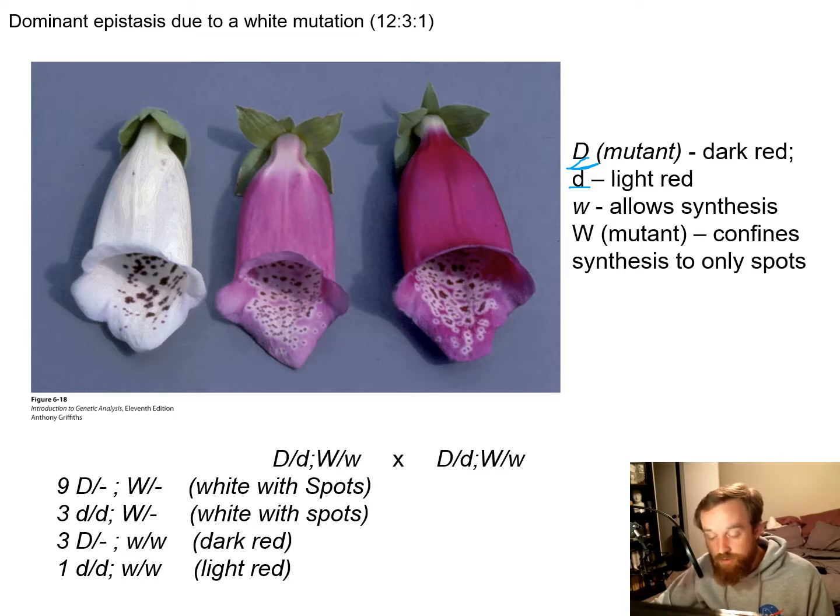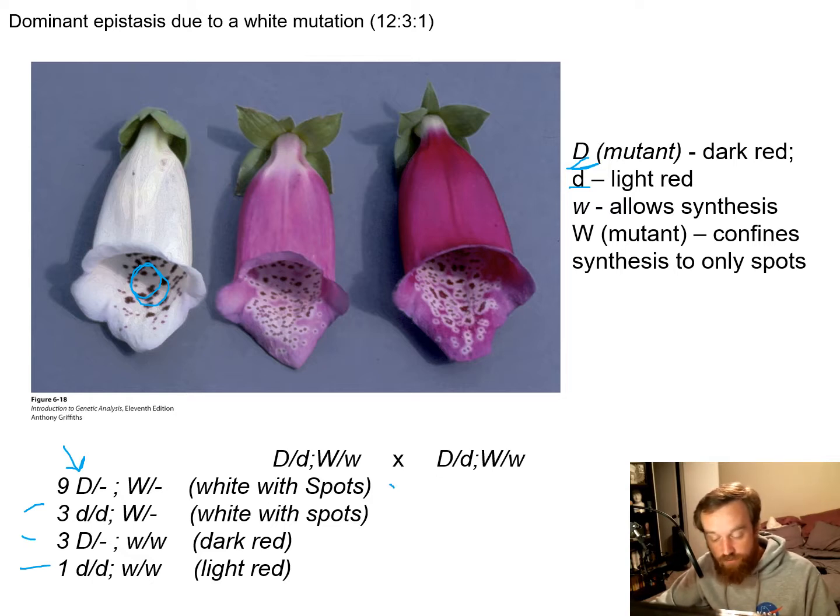And W, the wild type W, allows the synthesis of this red pigment. And the mutant confines the synthesis only to these little spots that you see here. So if we do this dihybrid cross of heterozygotes, we end up with this 9:3:3:1 ratio that we saw before. And so our 9, the normal dominant allele, is where we have the dominant mutant D produces dark red individuals, but the W mutant confines that only to these spots.